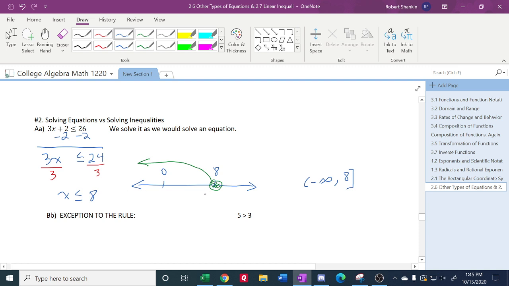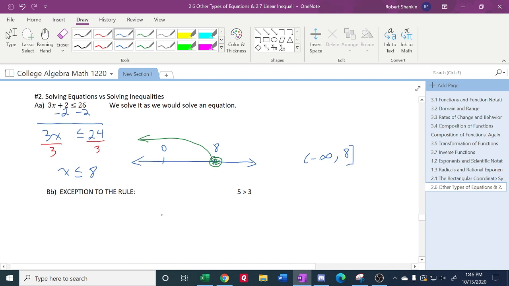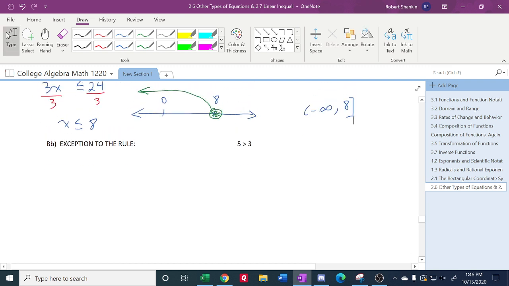All right. Now, we solve it exactly the same way we would solve an equation, except there's one giant exception to this rule. And the exception to the rule, we need to understand it. So I want to come over here. 5 is greater than 3.